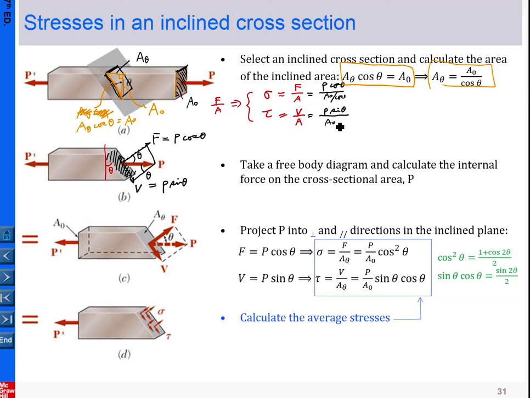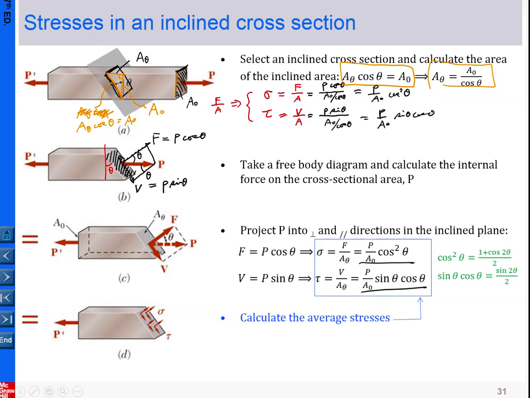Plugging that in, that is the calculation we put in here. So sigma equals P divided by A naught, cosine squared theta, like we did here. And tau is P divided by A naught, sine theta, cosine theta, like we did here.